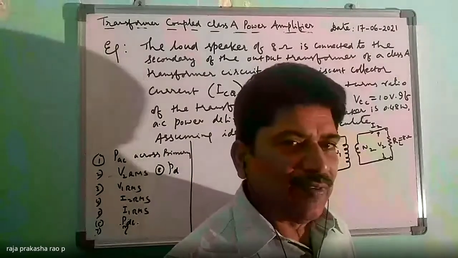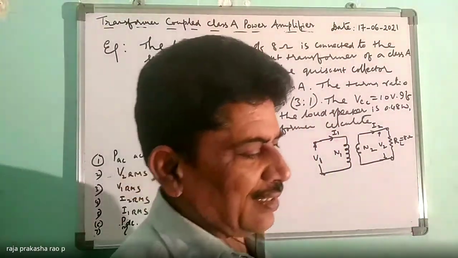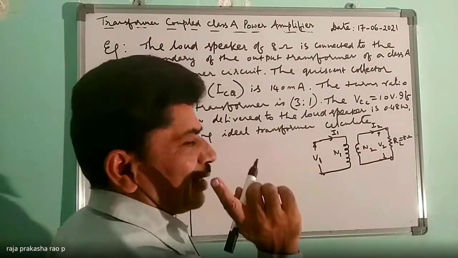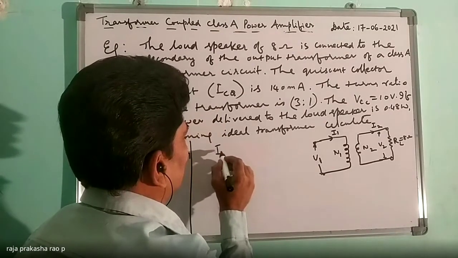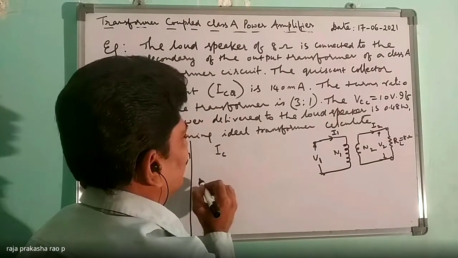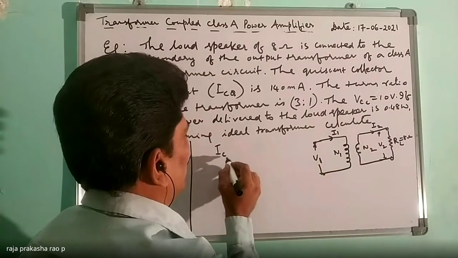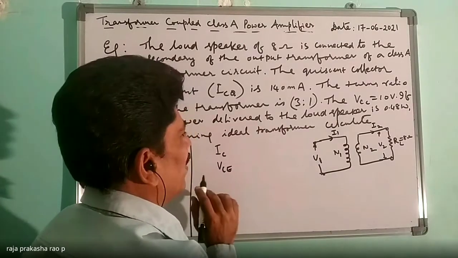From where do V1, I1 come to us? From the collector circuit, is it not? So I1 will come from the collector circuit only. IC is nothing but I1, is it not? And VC is nothing but V1. Okay?